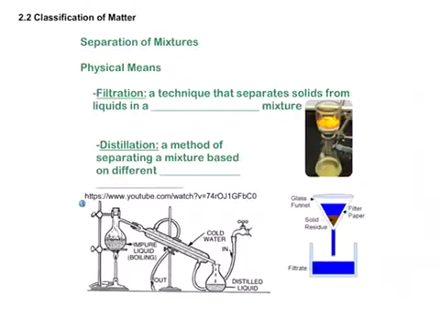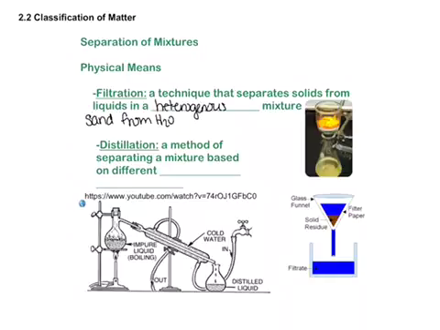So in order to separate mixtures, you can either filter the mixture. This is a technique that separates solids from liquids in a heterogeneous mixture. So if you wanted to separate sand from water, you could use filtration.